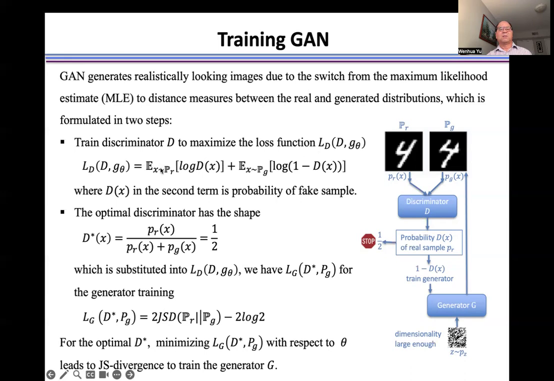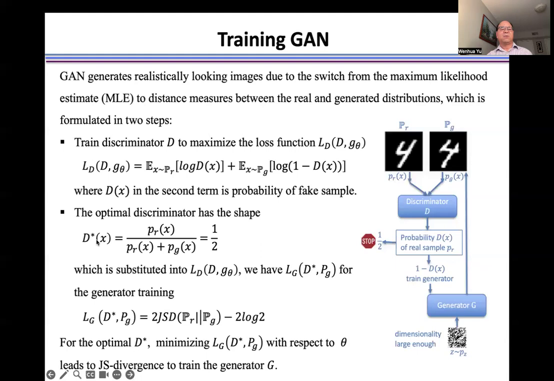In the first term, X is sampled from the real distribution PR, and in the second term, X is sampled from the model distribution PG. This D is a probability of a fake sample. The optimal discriminator has the shape here.